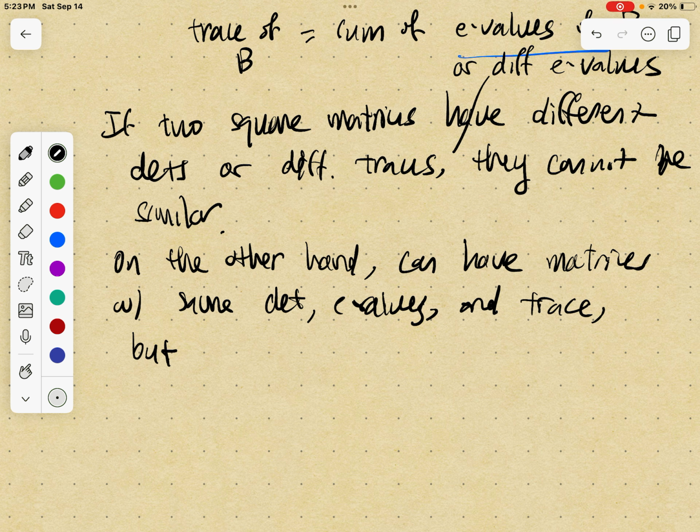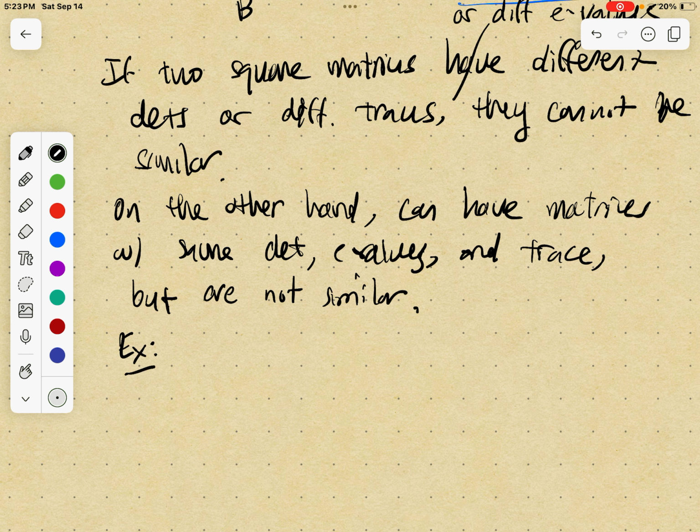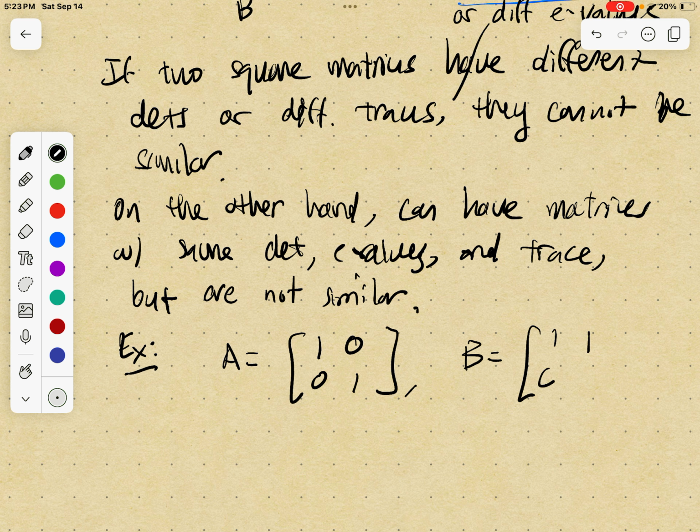So you can have matrices with the same determinant, eigenvalues, and trace, but that are not similar. So an example of this would be to take A to be the 2 by 2 identity matrix and B to be this matrix, 1, 1, 0, 1.